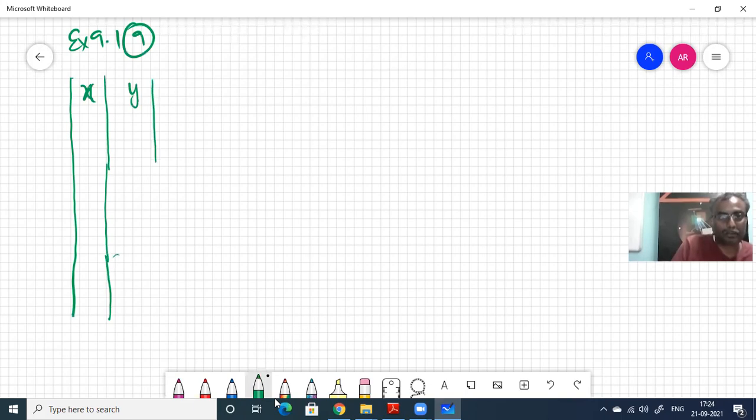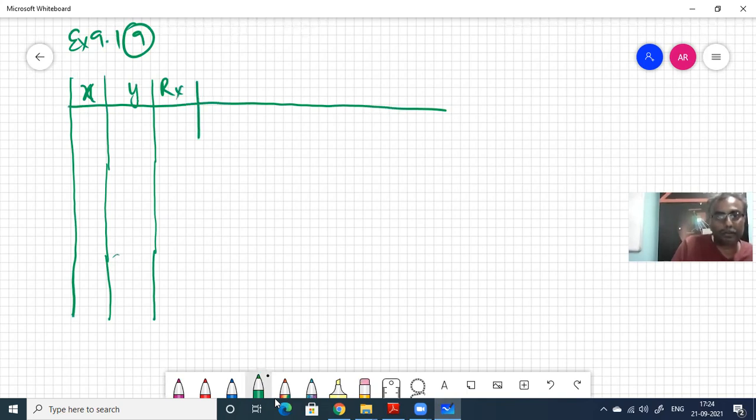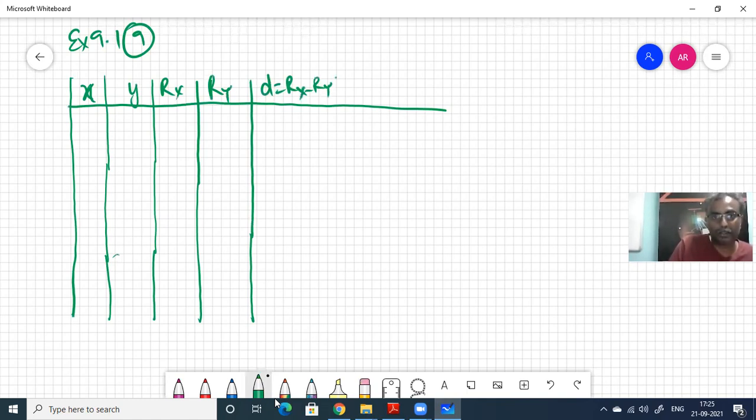So you have to do the ranks yourself now. Rank X you have to do separately. Rank Y you have to do separately. Then D is equal to rank X minus rank Y, again separately. Then D squared you have to do.